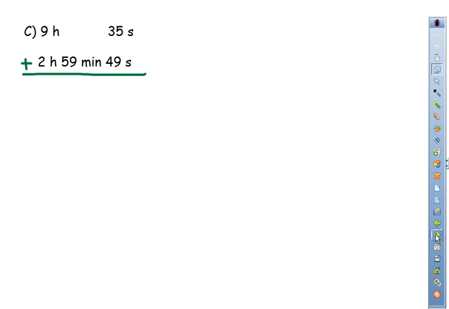Let's try another one. Go ahead and solve this. So hit pause. Alright, so we're adding again, so it doesn't matter which one's on top and which one's on the bottom. We're just simply going to add these together.